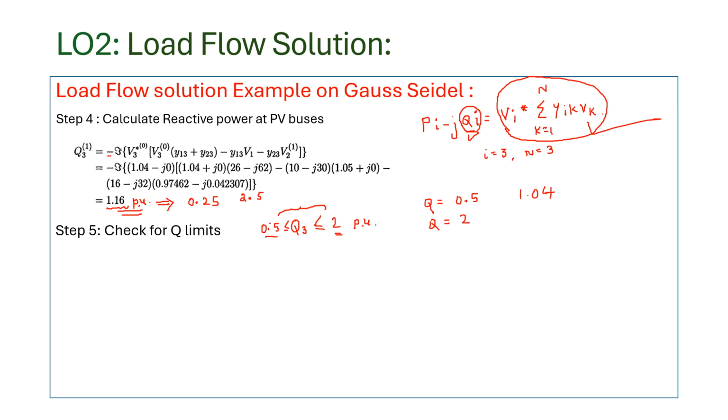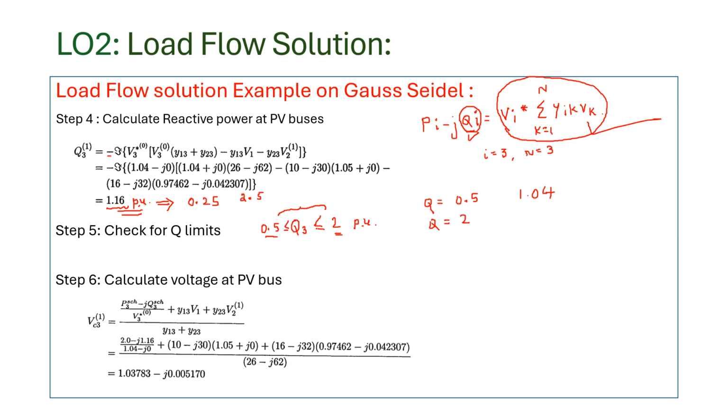Now in the present case, neither of those two conditions holds. It is within the limit of 0.5 and 2, so we treat it as a PV bus and proceed with the calculation of phase angle.